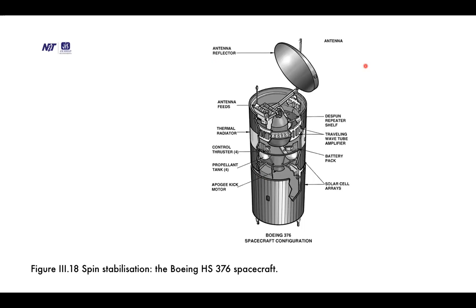This is the antenna reflector, the antenna feeds, thermal radiator, control thruster, propellant tank, apogee kick motor, solar cell, battery pack, traveling wave tube amplifier. So it is the microwave part. This is the repeater shelf, and this is the Boeing 376 configuration.